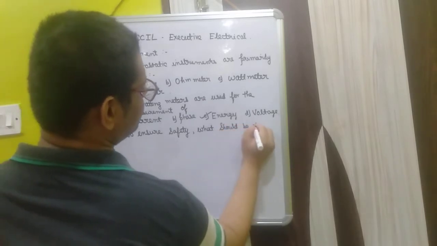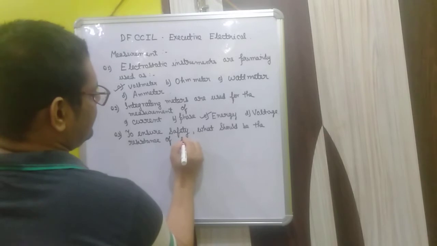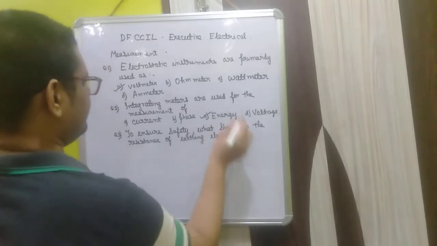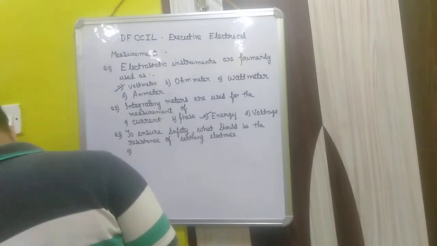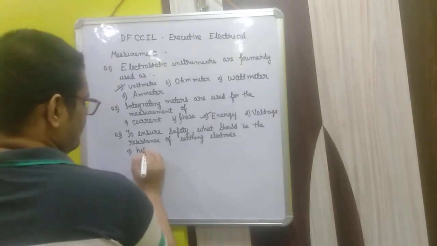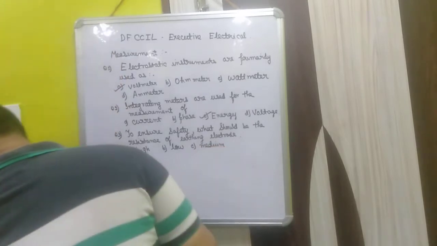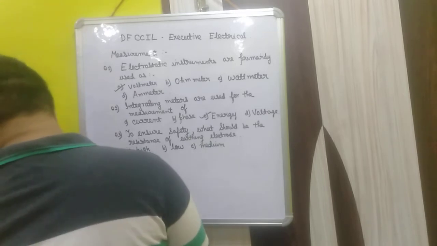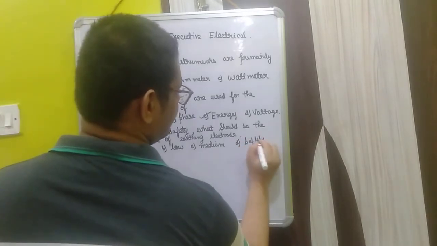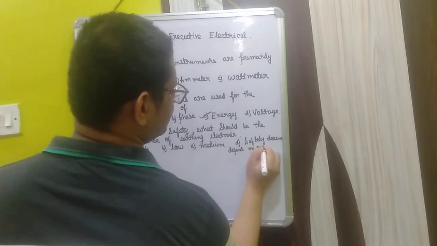In this question there are four options: option A is high, option B is low, option C is medium, and option 4 is that safety does not depend on resistance.